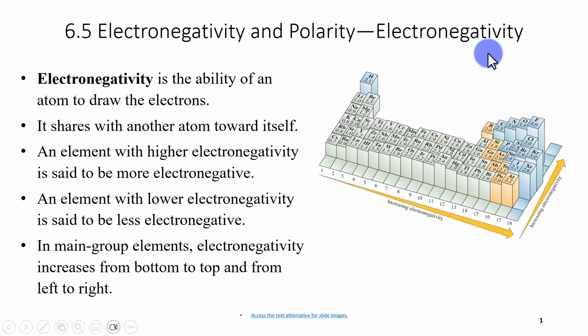But if electronegativity values are not given to you, just follow the general trend that it increases from left to right in the periodic table and from bottom to top. Obviously, an element that has a higher electronegativity value is said to be more electronegative, which means that it wants those electrons more than another atom that has a lower electronegativity value.